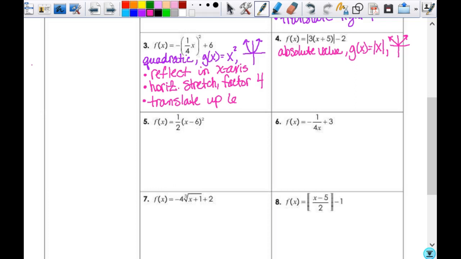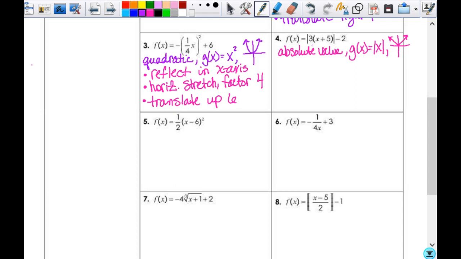Now, do I have any reflections going on here? No, there's no reflections because we're not multiplying by a negative anywhere. So this 3 here, does this affect me horizontally or vertically? Vertically. Okay, does it happen inside or outside of my absolute value? Inside. Everything that happens inside affects x.